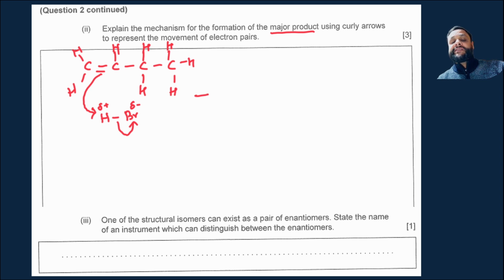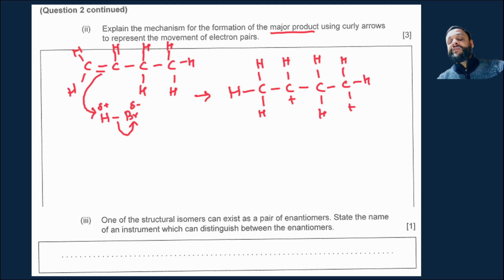As a result, a carbocation is formed, and hydrogen will go where there are more hydrogens according to Markovnikov's rule, and we will have a secondary carbocation because the question says for the major product. So we'll have H here and a positive charge on the carbon, with 2 hydrogens as they are and 3 hydrogens as they are. This is a secondary carbocation, plus we will have Br minus with a lone pair.